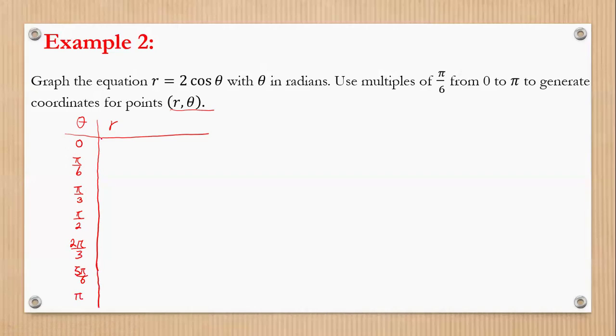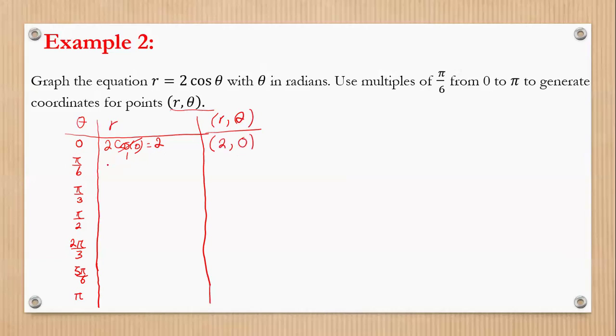Try to find r. If theta is 0 and I replace theta by 0, I get 2 cosine of 0, and I know cosine of 0 is 1, and 2 times 1 is 2. So my point is, remember the r must come first, and then theta, 2 and 0.